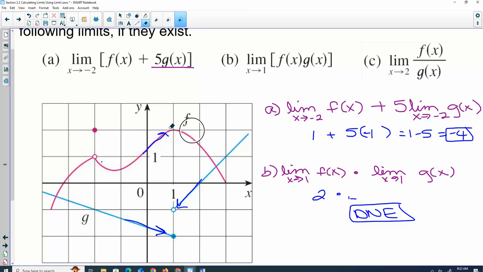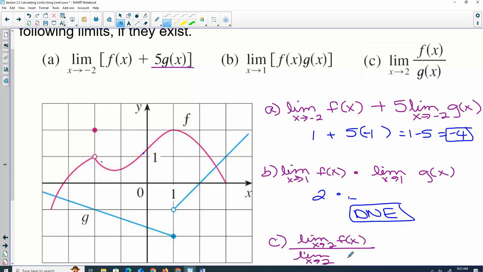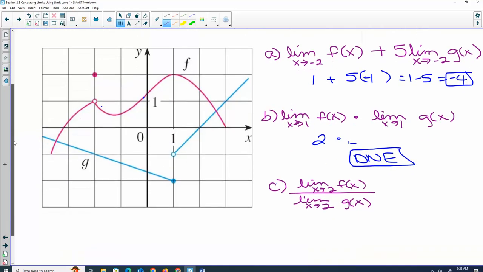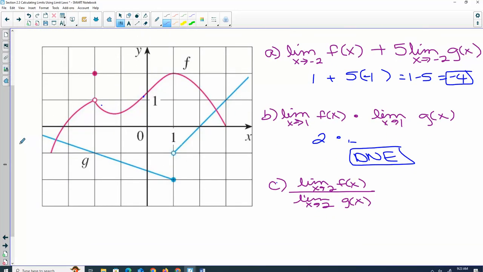All right, you guys try C. What is limit as x approaches 2 of f?